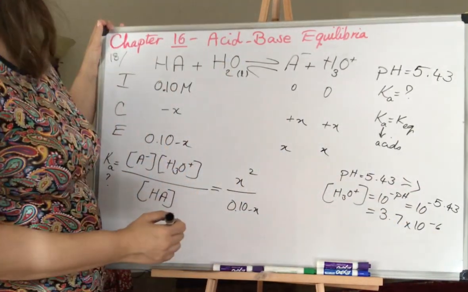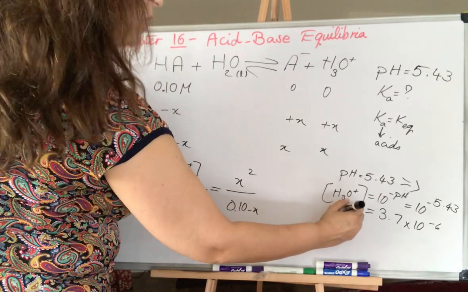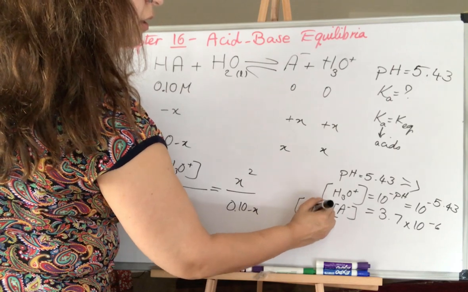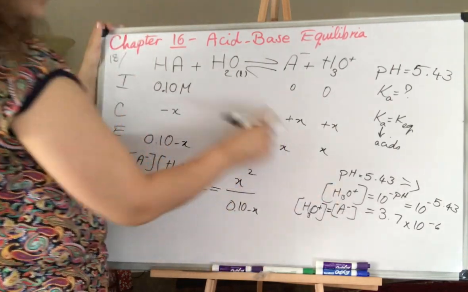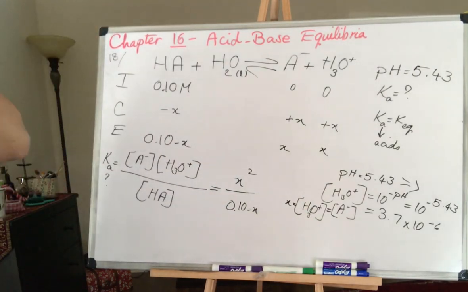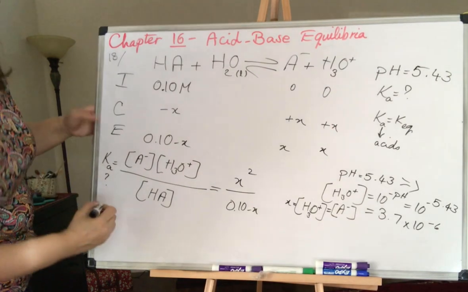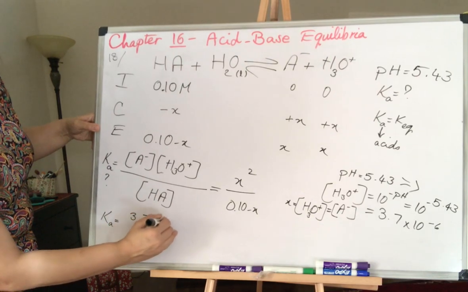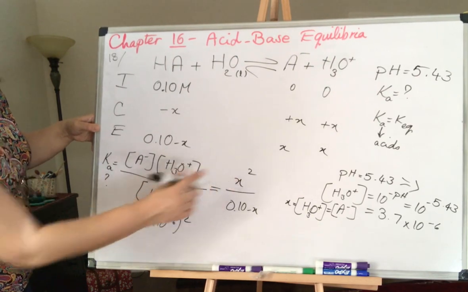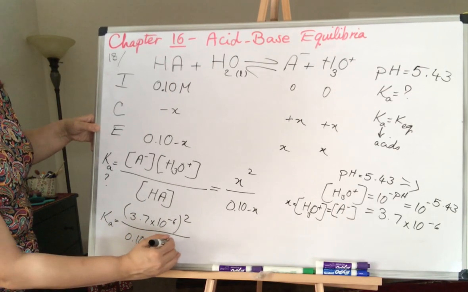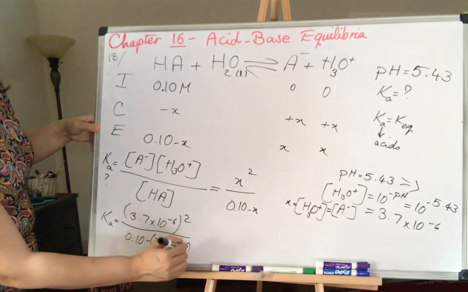Which is the same as the concentration of A also, right? So that's your X, correct? Now just plug it in. So you have Ka is 3.7 times 10 to negative 6 squared, I'm plugging into this equation, divided by 0.10 minus 3.7 times 10 to negative 6.